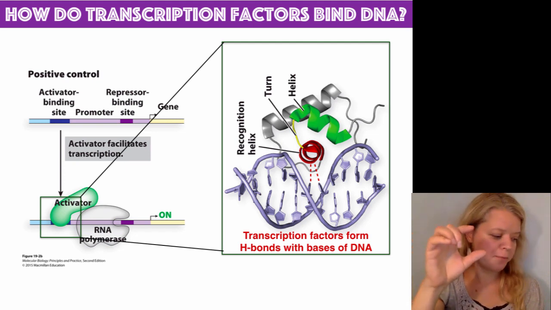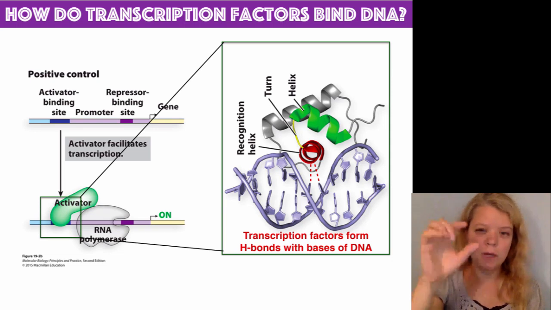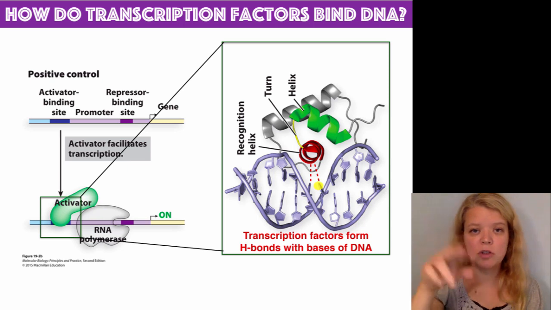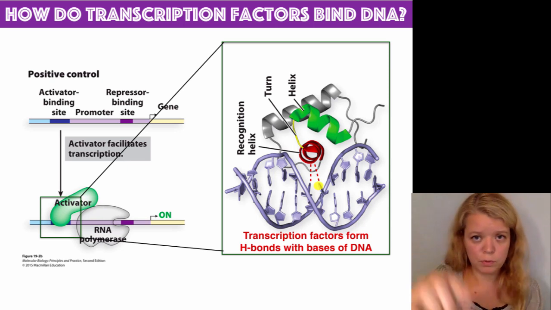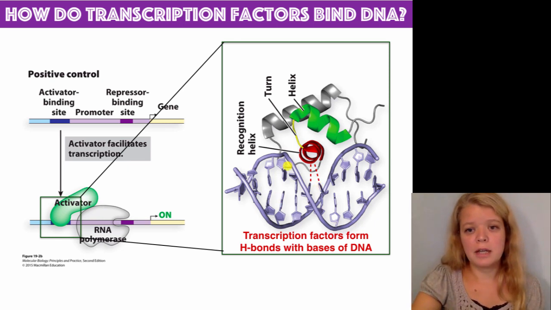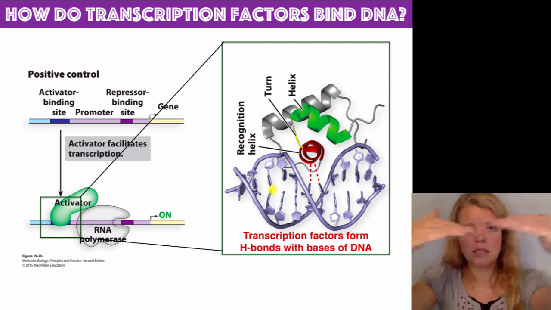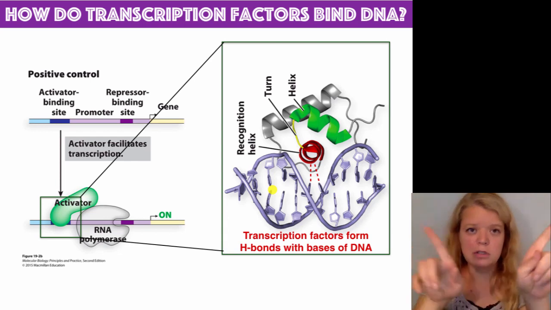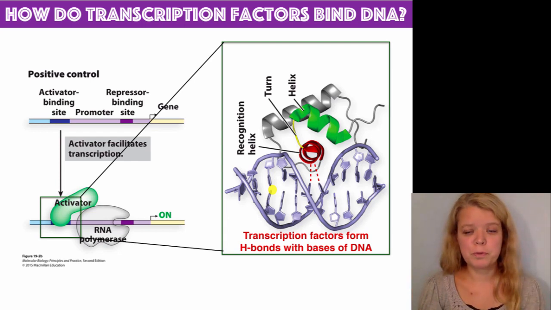Hydrogen bonds to the side chain, OH, hydroxyl, and hydrogen groups of the bases, because not every hydroxyl group of a nitrogenous base is actually occupied when the DNA base pairs to itself. There's still some nitrogens and hydrogens and hydroxyl groups present that can still interact with the outside environment.